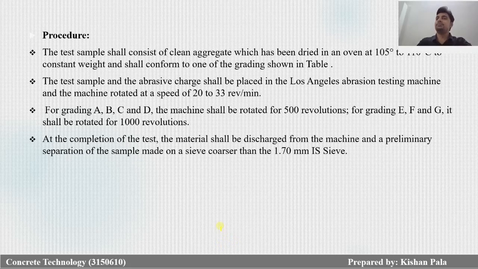At the completion of the test, the material shall be discharged from the Los Angeles machine and a preliminary separation of the sample made on a sieve coarser than 1.7 mm IS sieve. Now you have to separate the sample which is greater than 1.7 mm and less than 1.7 mm.